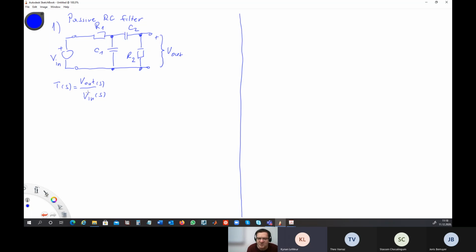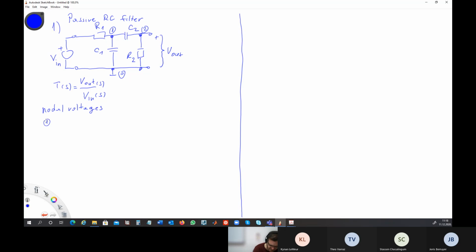This is easier to calculate with nodal equations. I will just write the equations and then you will know. If you write node 1, node 2, and node 0 which is grounded, then we have nodal voltages. Nodal voltages are voltages from node 1 to grounded reference node 0, and from node 2 to grounded reference node 0.